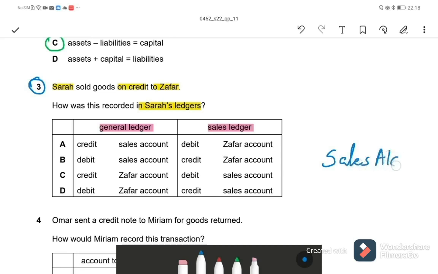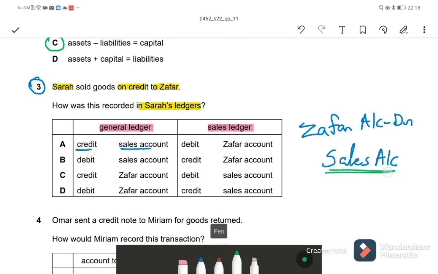Sales account is credit. Zafar account is debit. So here general ledger, credit sales account. The sales account is credited.